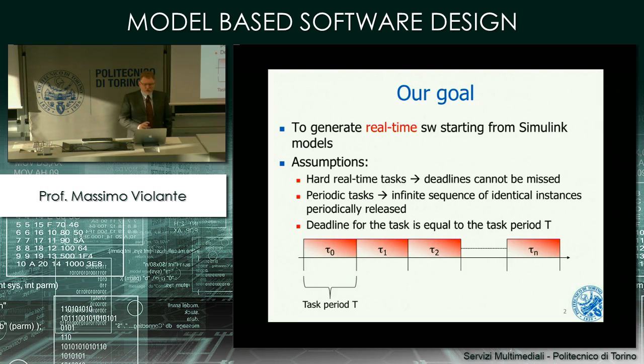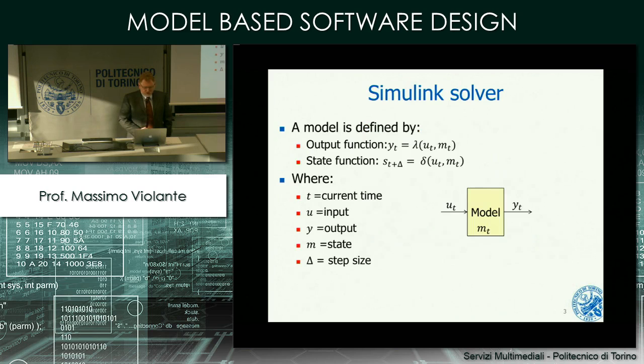Then, this is where we want to go. Then now let me show you where we start from. We start from here. We start from a model in Simulink. A model in Simulink is defined through three elements. One is the set of inputs that we have to process.